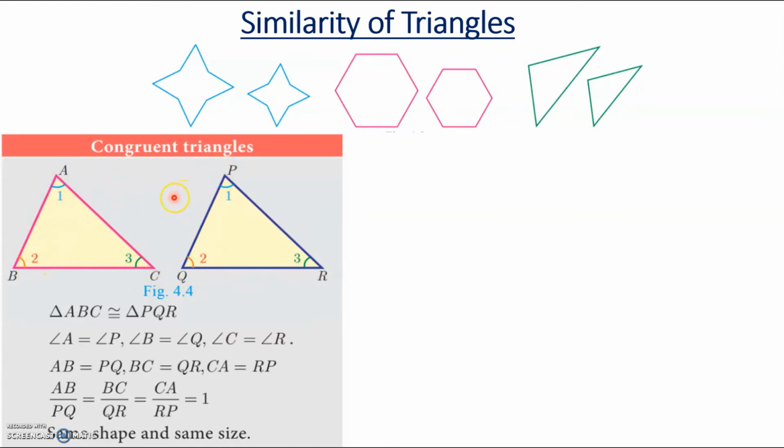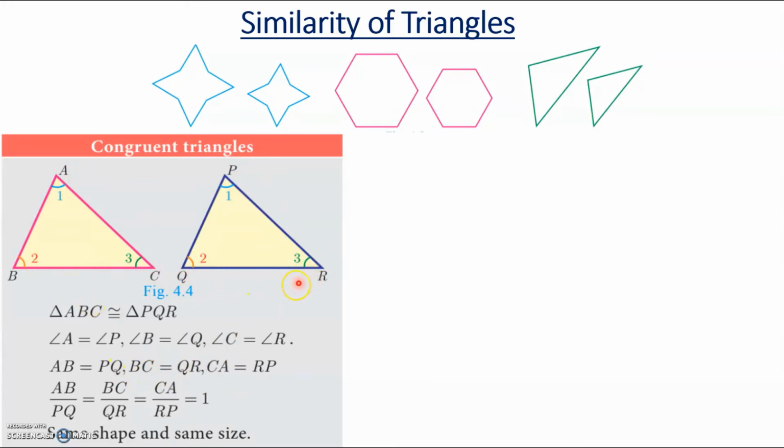The next property of congruent triangles is that their sides will also be equal. AB is equal to PQ, BC is equal to QR, and CA is equal to RP. So all the sides are also equal.